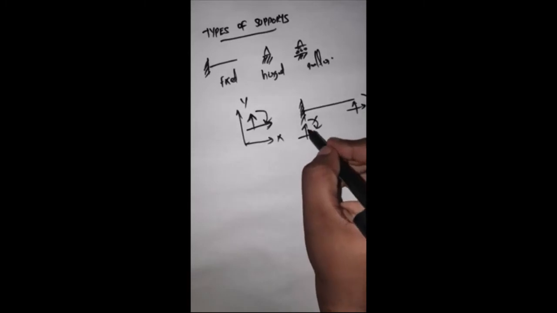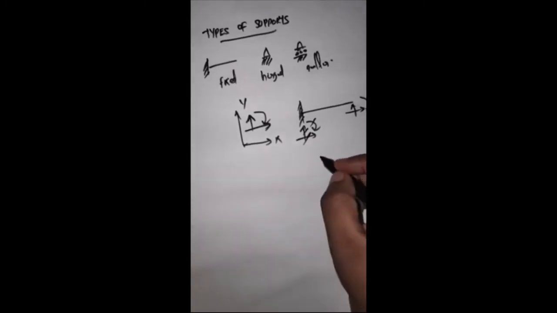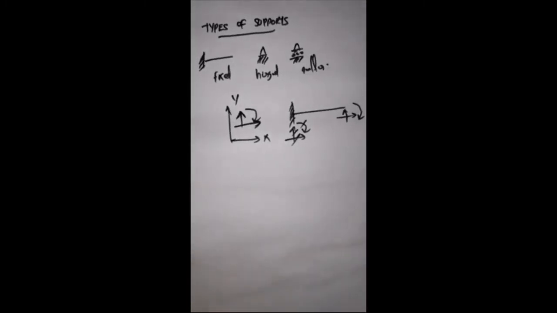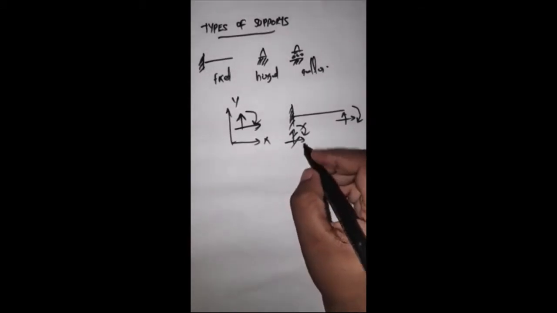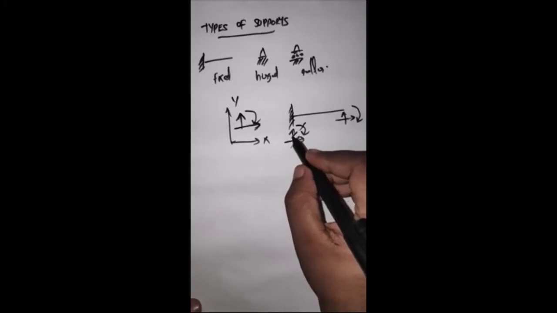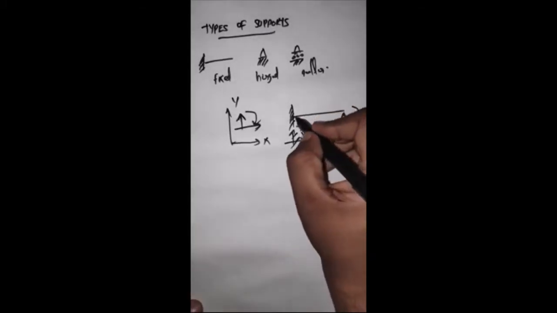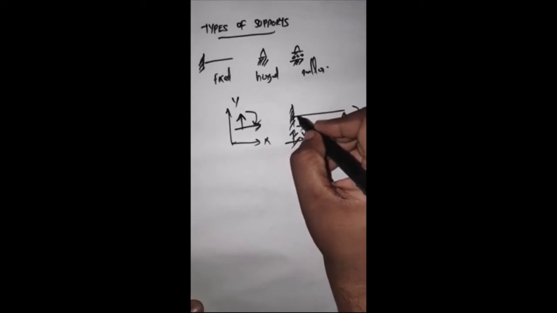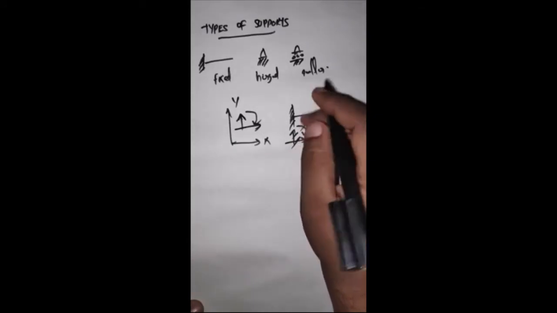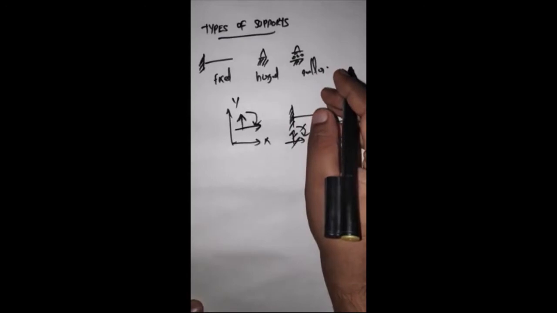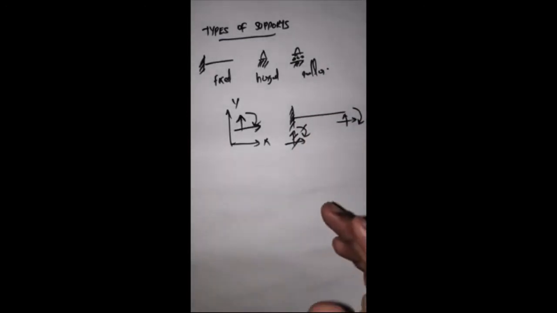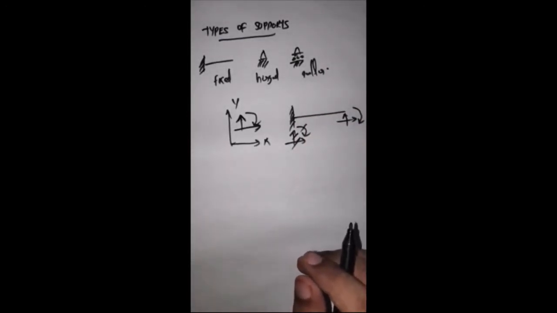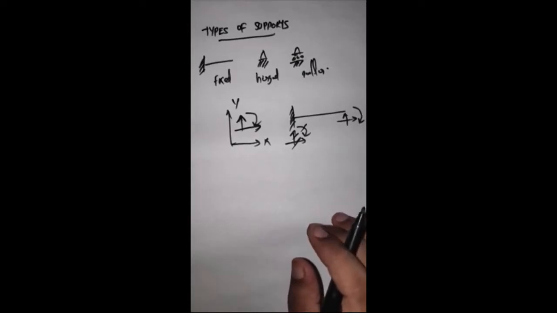So if the body is trying to move, the fixed support will not allow the movement. Reactions happen when we are resisting the motion.